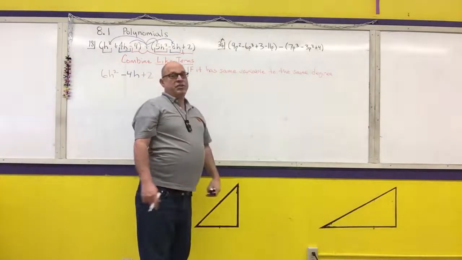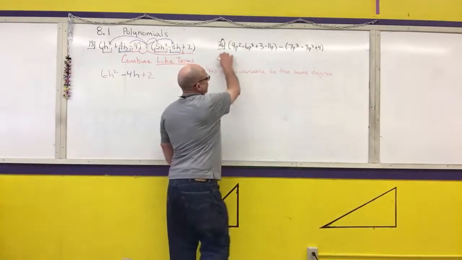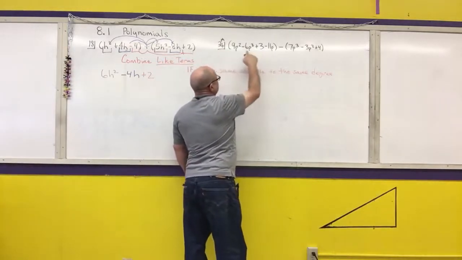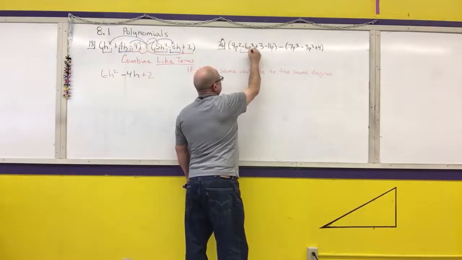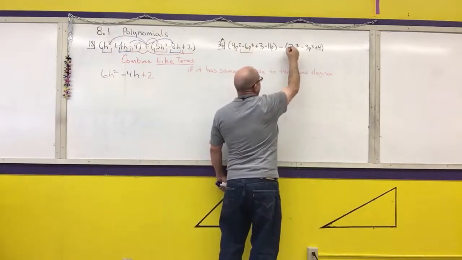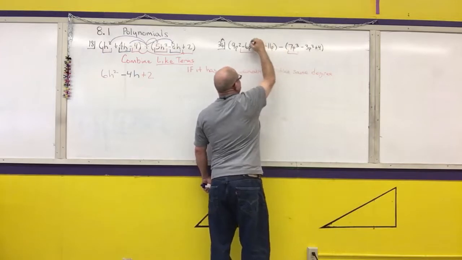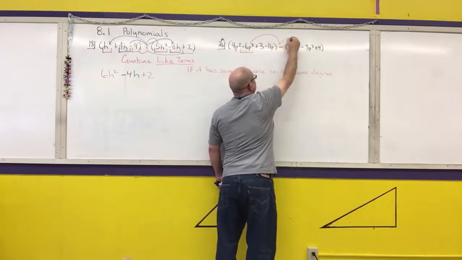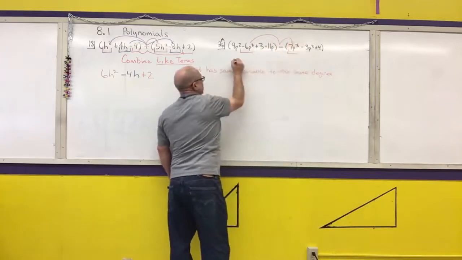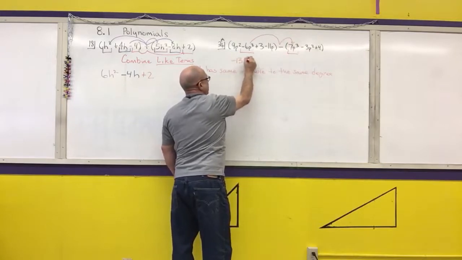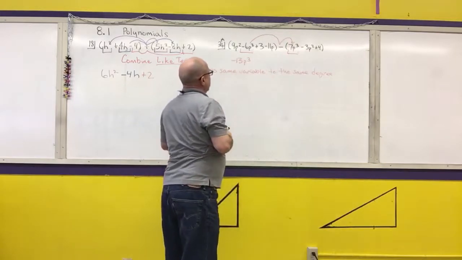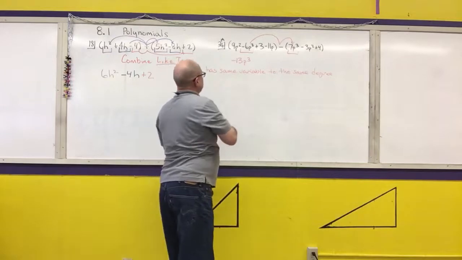So what I'm going to do is I'm going to look for the highest degree term on the left, and that's negative 6p cubed. I have p cubes over here. Negative 6 minus 7 is negative 13p cubed. So I'm going to go for my squareds.